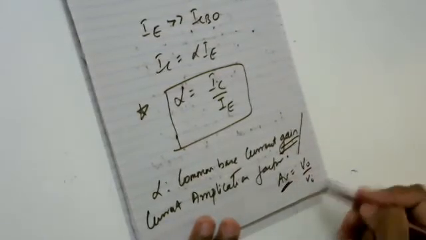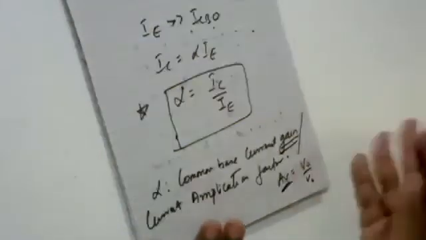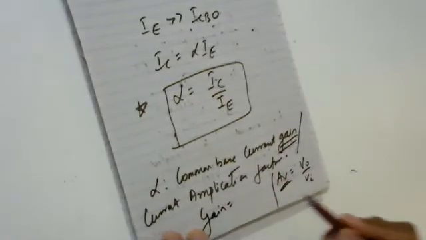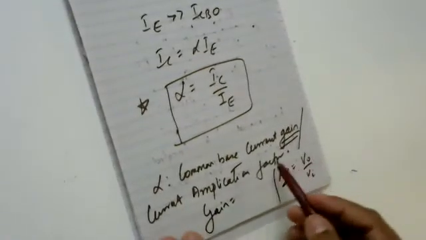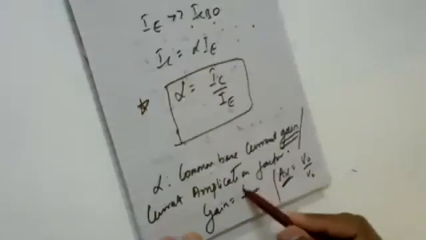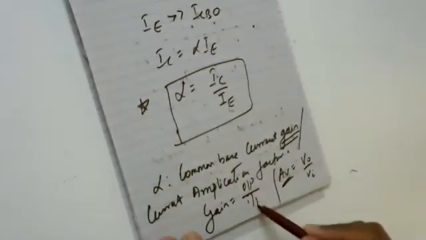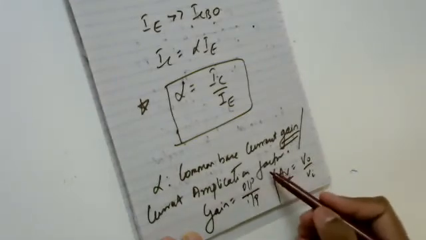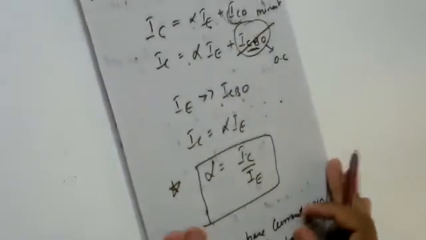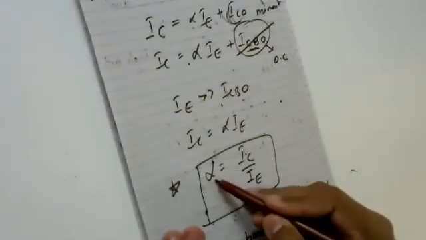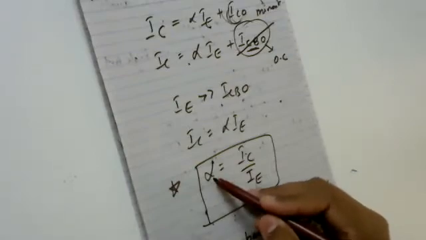In general, a gain in a circuit is defined as the ratio of output to input, which might be voltage, current, etc. Since here the parameters are in terms of current, alpha is a gain parameter related to current.